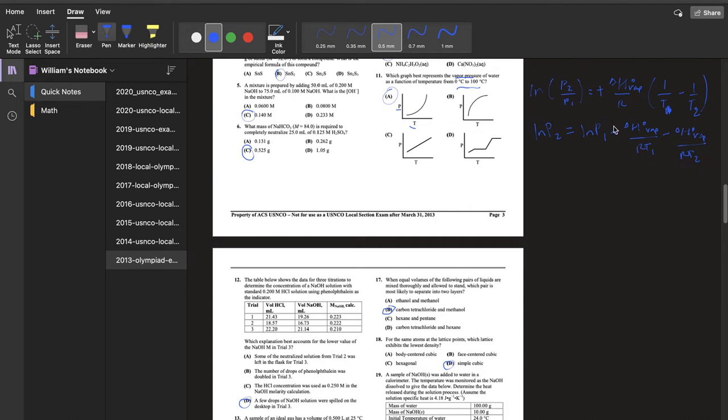Okay, so if we're thinking of P1 and T1 as an anchor point, like we know what they are, and on the graph we're just varying P2 and T2, then we can consider this entire chunk that relates to P1 and T1, our initial conditions, a constant A. And the standard enthalpy of vaporization and R never change. They're not going to change no matter what we do to the pressure and the temperature, so that we can call a constant B. So if we look at this, we can also drop the 2 because we're just calling these initial conditions now.